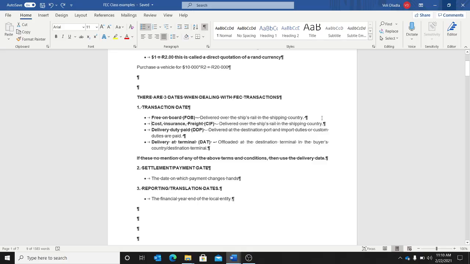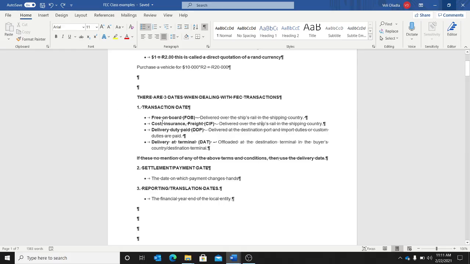It says the same thing as FOB. If you look at the two, they are similar, right? Again, if the terms are CIF, cost insurance freight, deliver over the ship's rail in the shipping country. So it means when the seller drops off my stuff at the harbor in China or in the USA, I start to carry the risk.